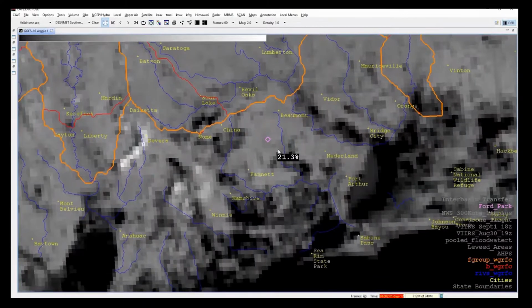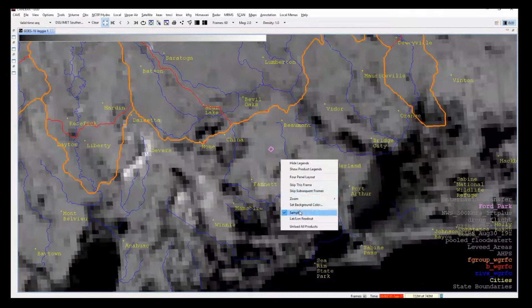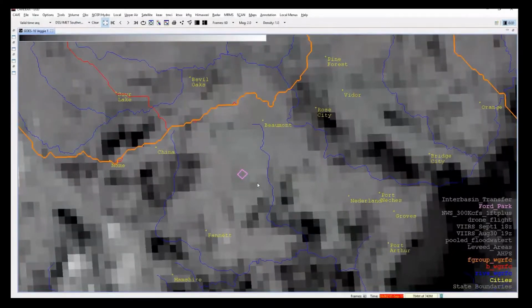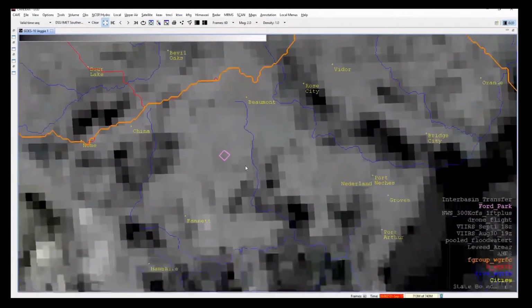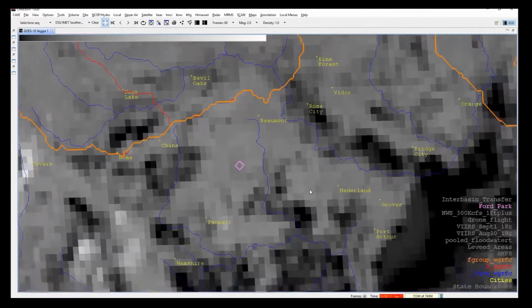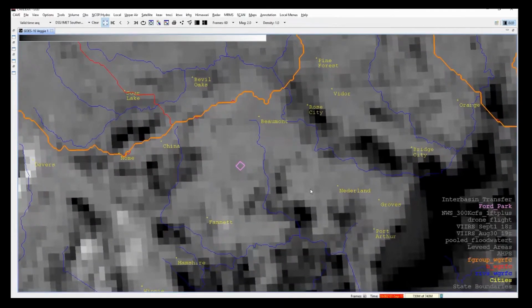what I'm going to show you on the map is the imagery from September 1st. And I'm going to show you the location of this staging area relative to the imagery. That pink polygon there is the staging area. And you'll notice that one particular feature of the location of that pink polygon is the fact that it is outside of our normal forecast area.